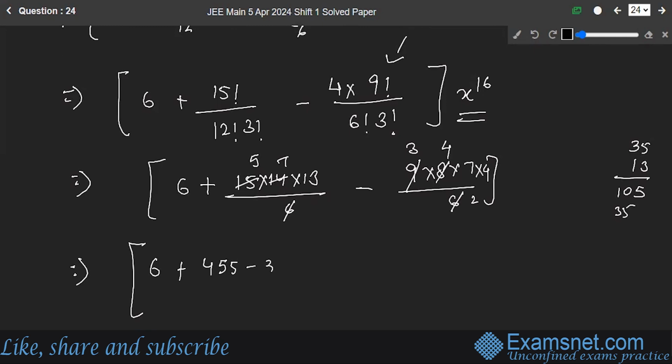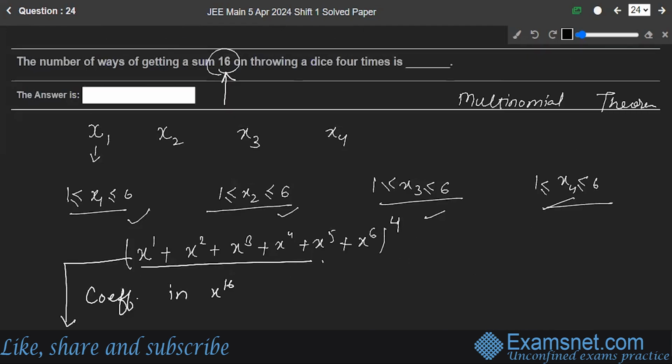So on solving this, you will get minus 336. So this comes out to be 125. This is the answer to the question: 125.